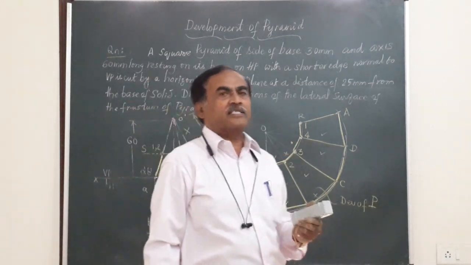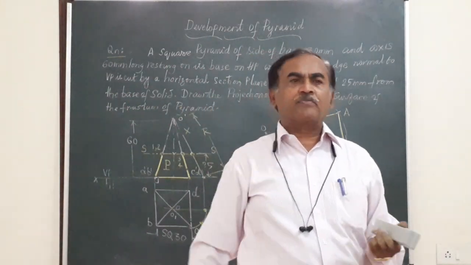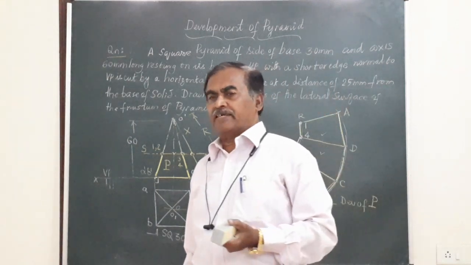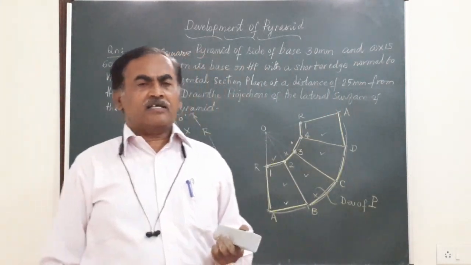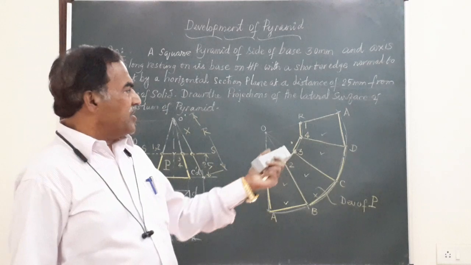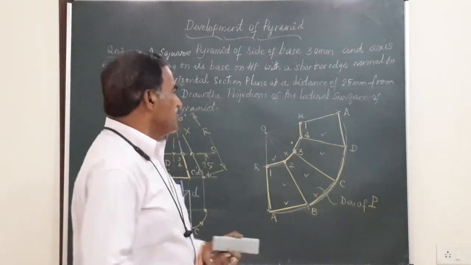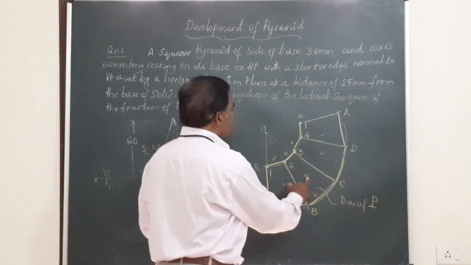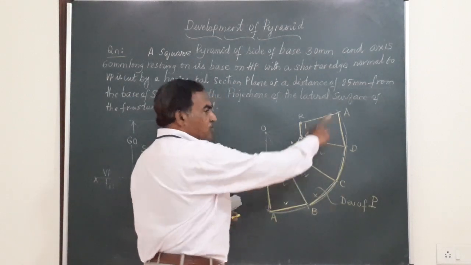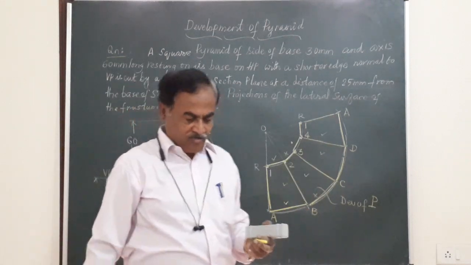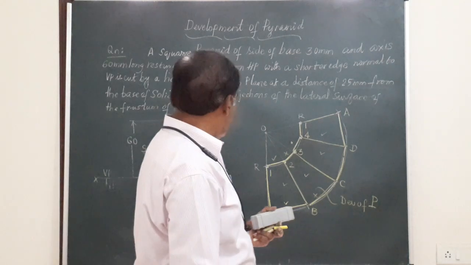And even if you are drawing the development for any other pyramid like a hexagonal pyramid, pentagonal pyramid, or any other triangular pyramid, you are going to have a similar figure. So if it is a square pyramid, you will have 4 such figures. Pentagon, 1 more, 5. Triangle, 3, and so on and so forth.